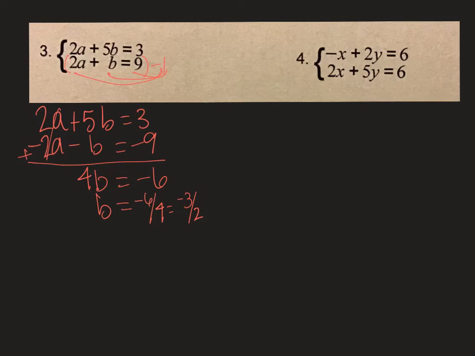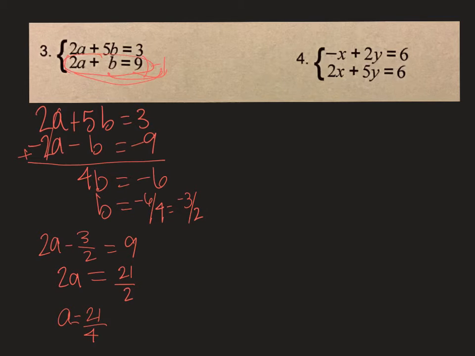I'm going to plug that into my original second equation. 2a minus 3/2 equals 9. I'm going to add 3/2 to both sides, which gives me 21 over 2. And I'm going to divide by 2 on both sides, which gives me 21 over 4.